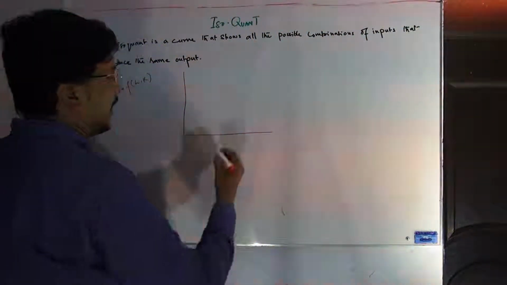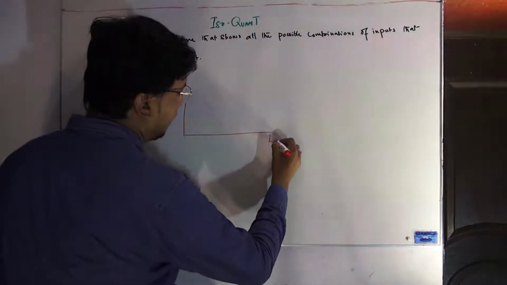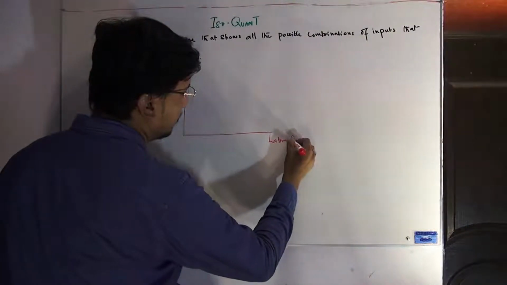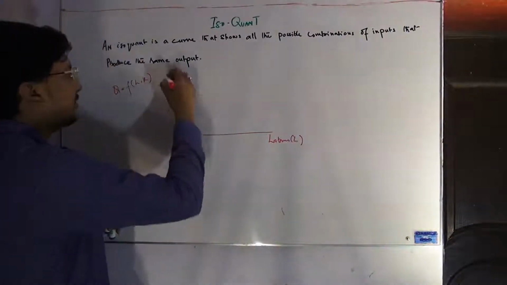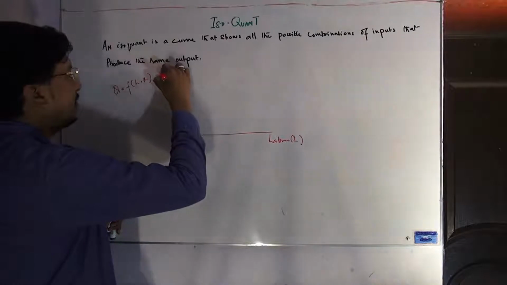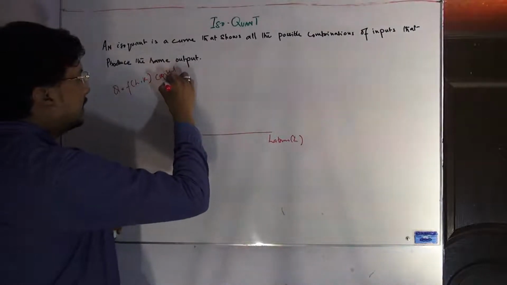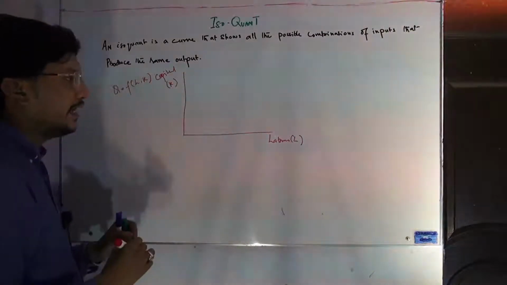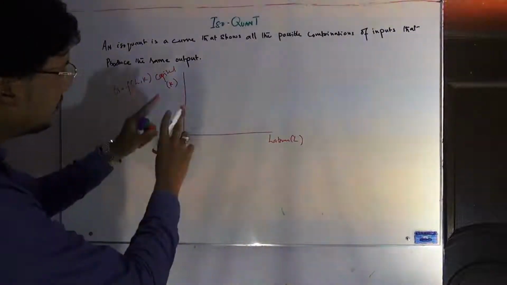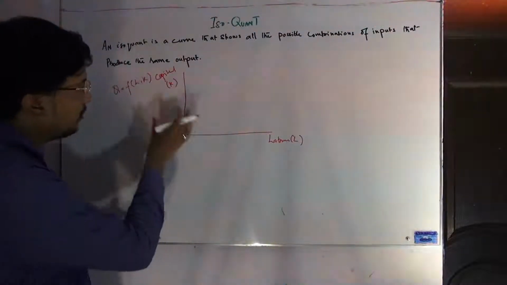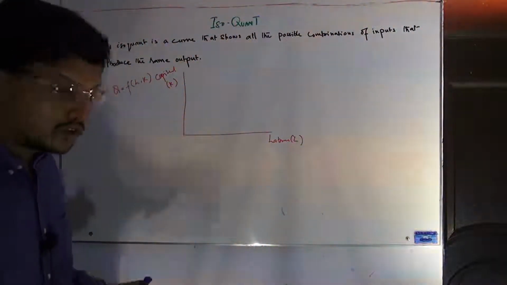So on the x-axis we take labor, and on the y-axis we take capital, represented by K. This is the curve of the combination of these two inputs.